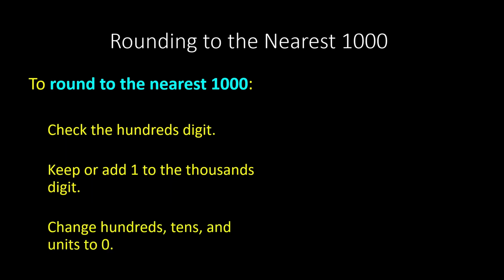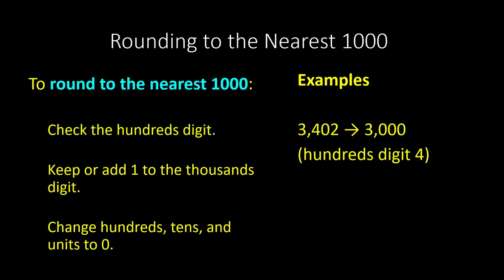And then after this, we change the hundreds, tens, and units to 0. Let's take a look at some examples. 3,402 rounds down to 3,000. 3,692 rounds up to 4,000.